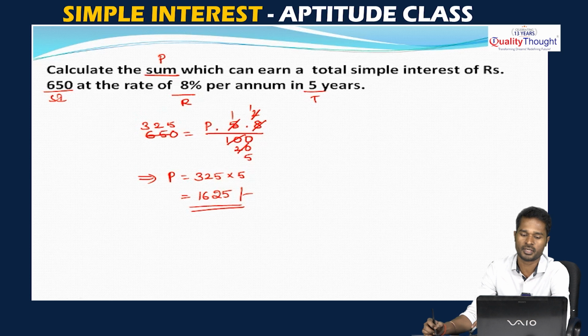We just substituted: 650 is equal to P into T, which is 5 years, R is 8 by 100. So the principal amount P is equal to 325 into 5, that is 1625. 300 into 5 is 1500, 25 5s are 125, which is 1625. That is the principal amount we require.